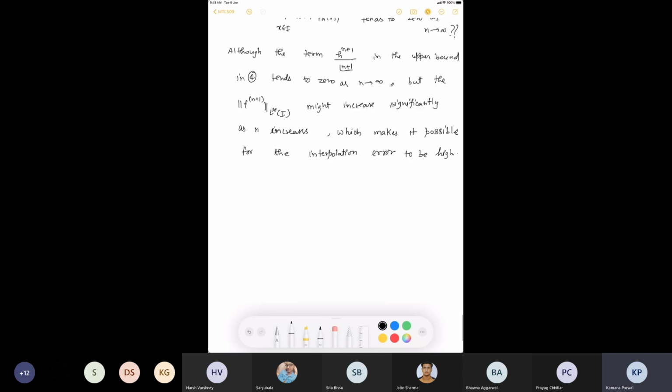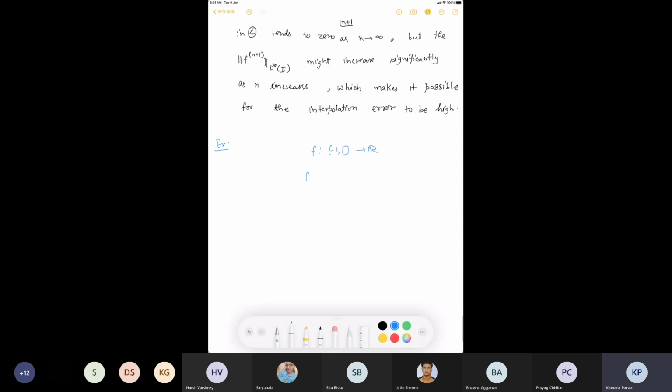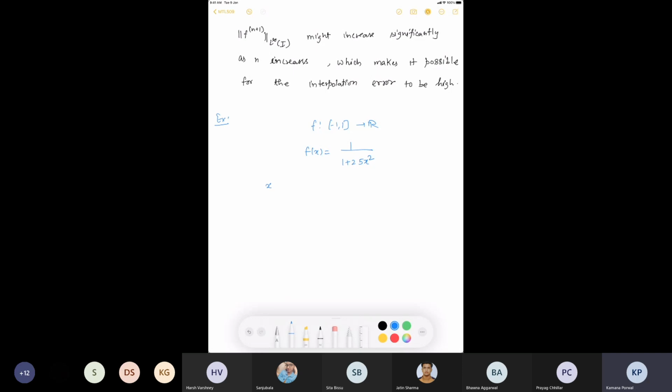And you can verify this using an example. Let's take a function from the interval [-1, 1] to R, given by f(x) = 1 divided by 1 plus 25x squared.